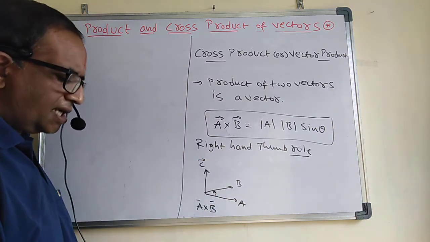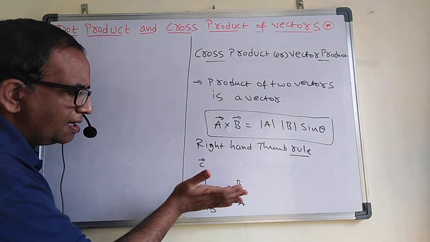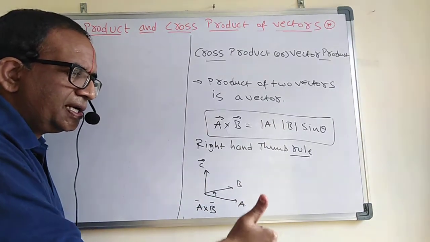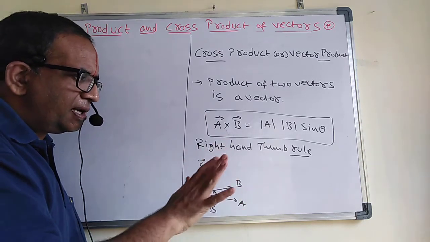The vector C. Look carefully at how you can apply this right hand thumb rule. This is A and that is B. A cross B, the resultant is C. Please try to understand this one, very important.